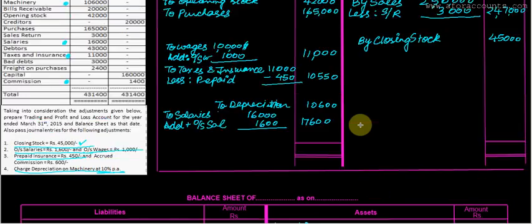Okay. After doing the taxes and insurance, bad debts. See, bad debts are already given in the trial balance, which means one side effect has been given. So what you will do with these bad debts now, just simply take and write it in the P&L account to bad debts.